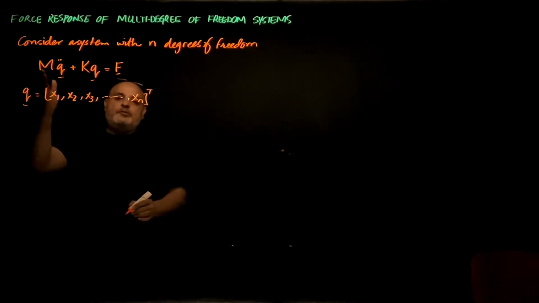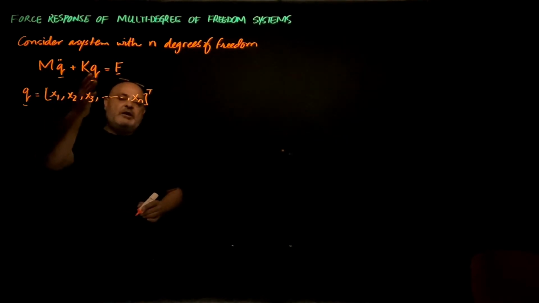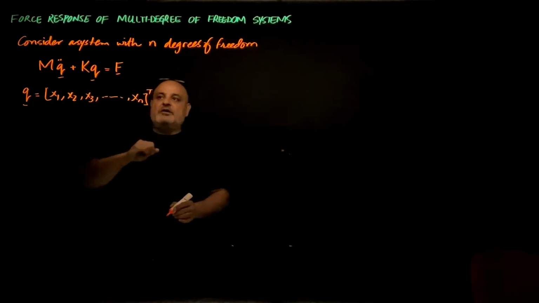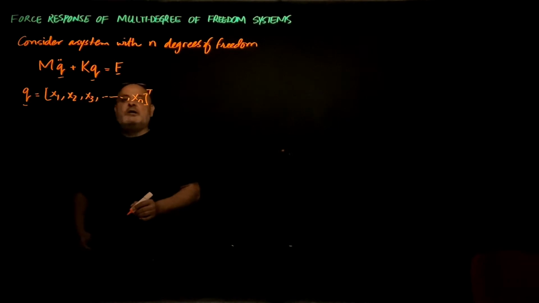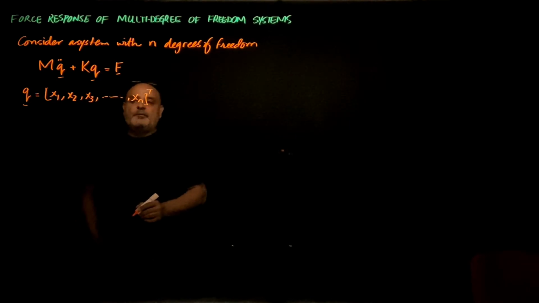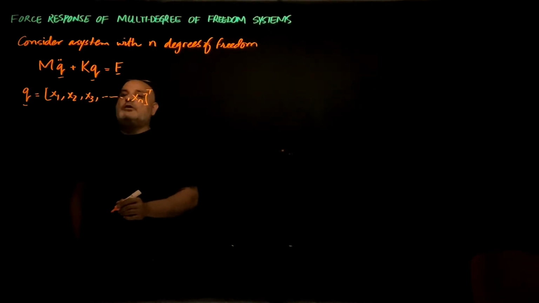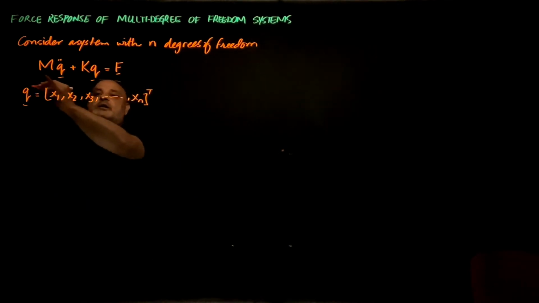The matrix M will be n by n, matrix K will be n by n, and the vector F will be n by 1. So now each one of these equations, this is a system of n number of differential equations.